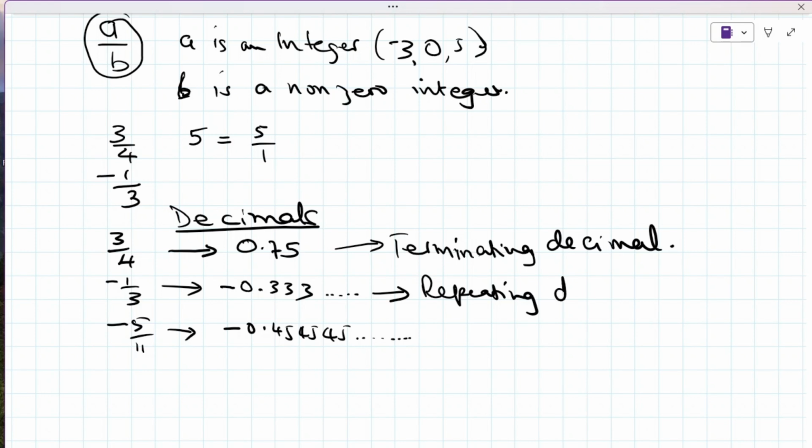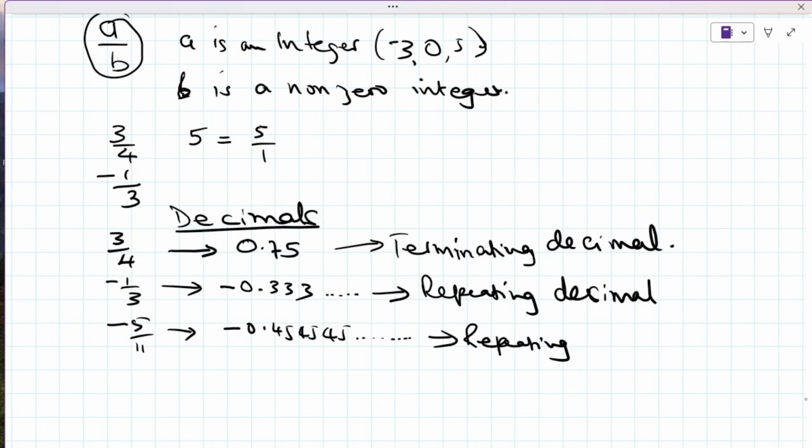Repeating decimal number. Now, a repeating decimal number can be either just repeating numbers or a pattern. So this last number here is a repeating decimal, in terms of pattern.